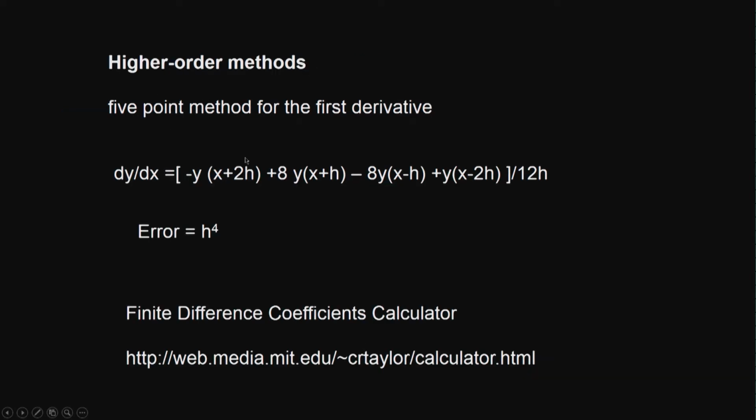There are higher order methods also which can do a better job of estimating dy by dx. Here the error is of the order of h raised to the power 4, so that is quite small. In the higher order method, as I showed you here, you estimate y at x plus 2h, y at x minus 2h, then y at x plus h and x minus h, and then use different coefficients as shown here, divided by 12h, and you get the dy by dx.